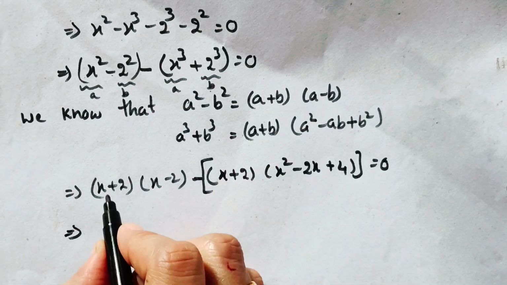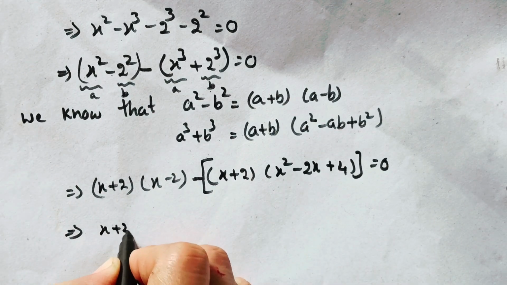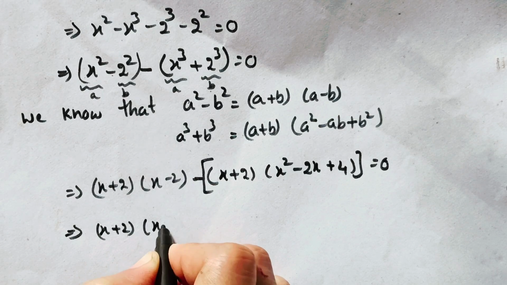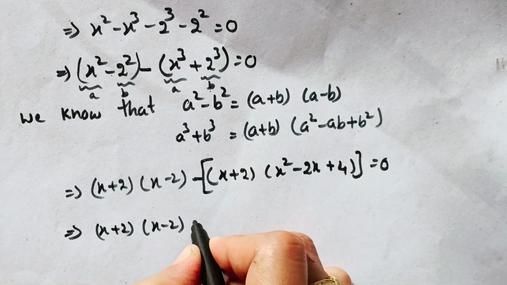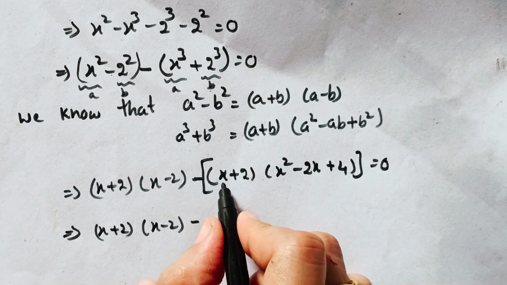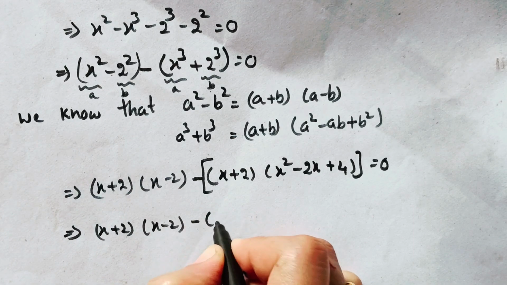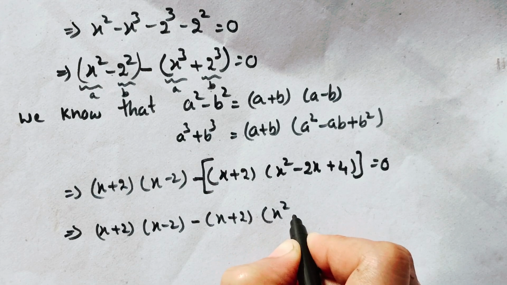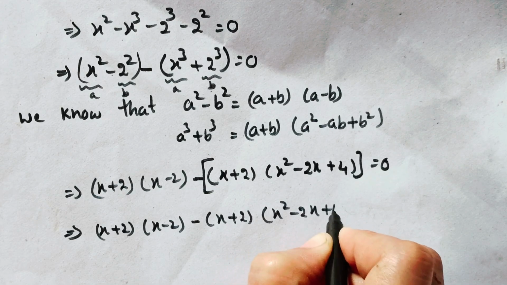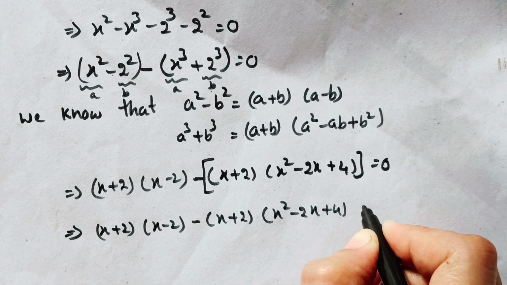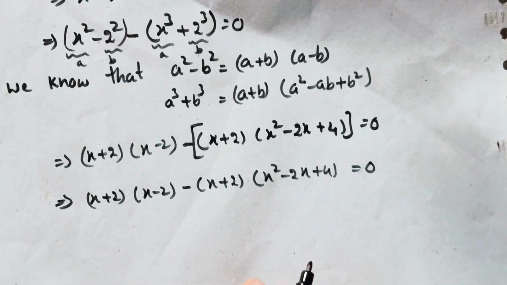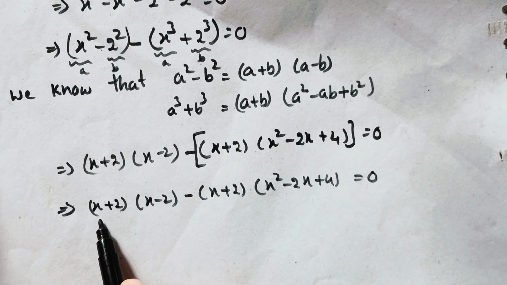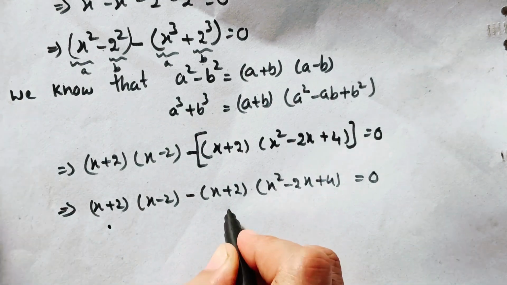So the next step will be x plus 2, x minus 2. I'll apply the sign here: minus of x plus 2 into x square minus 2x plus 4, equal to 0. Just look here, x plus 2 is common, here also x plus 2.